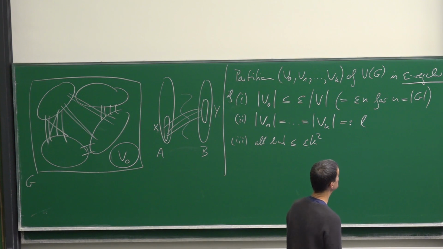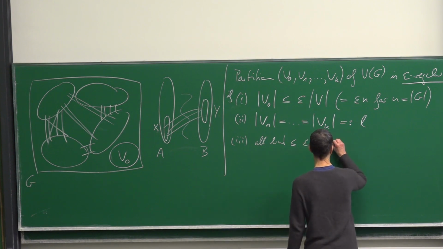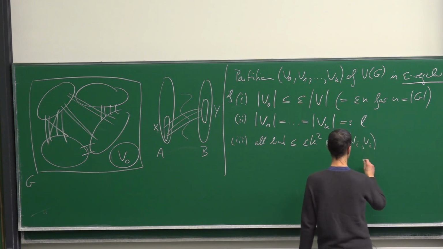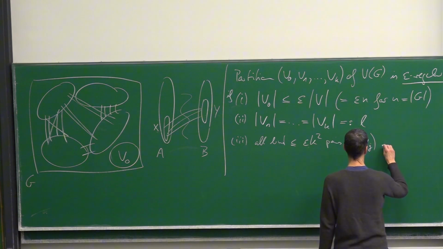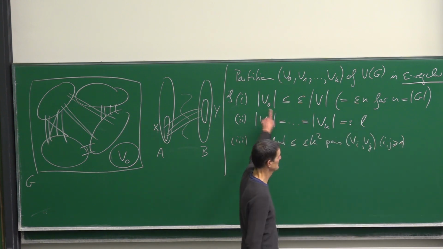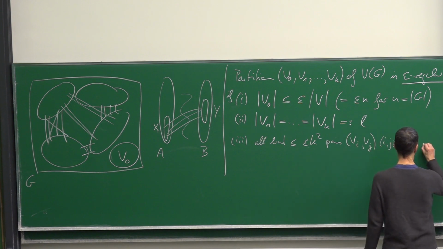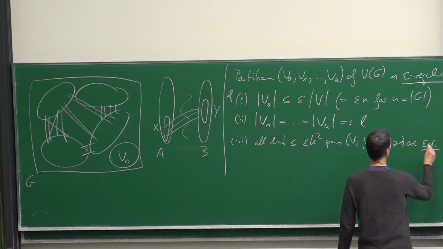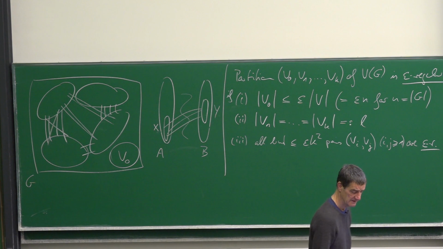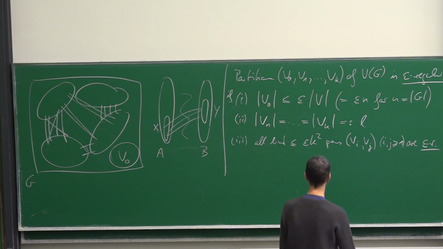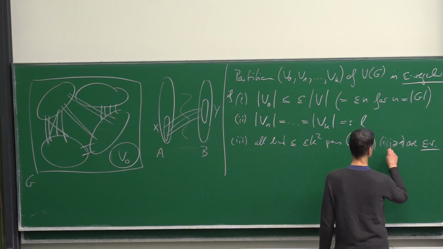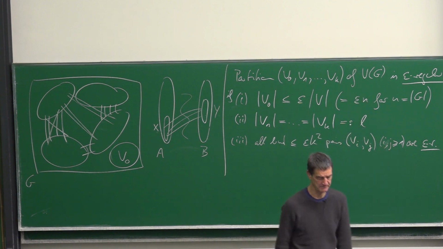Vi, Vj, all except V0 are epsilon regular, for distinct i and j.